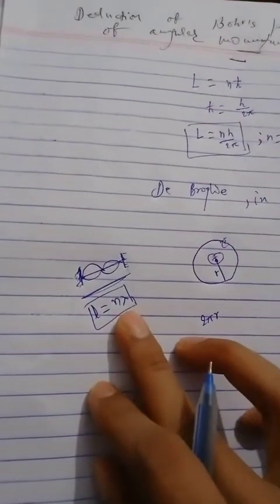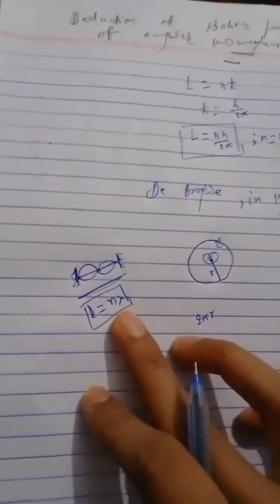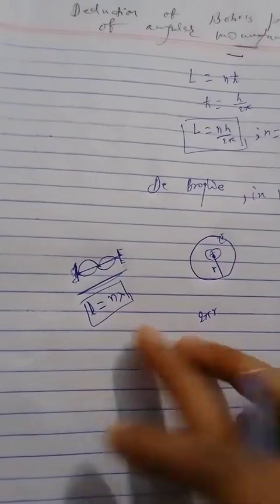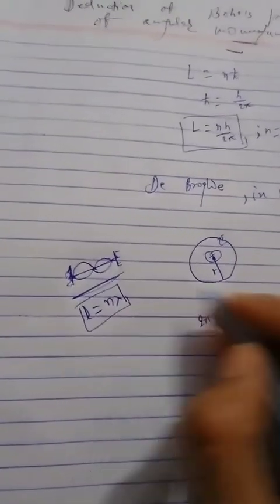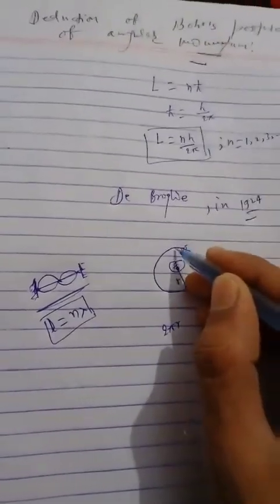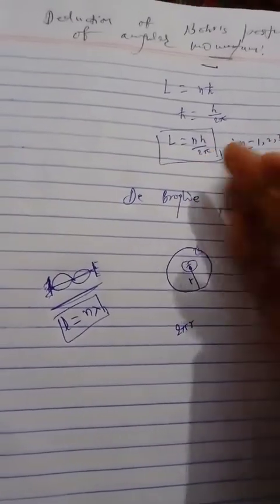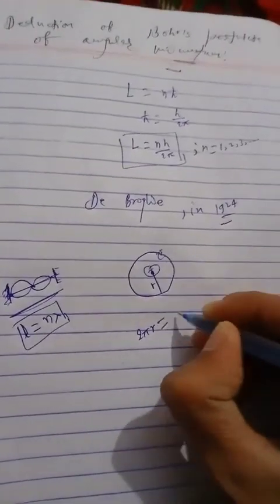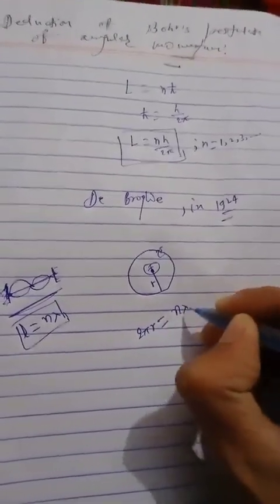This is the condition for constructive interference. So if this is the length of a string, then 2 pi r should be equal to n lambda.